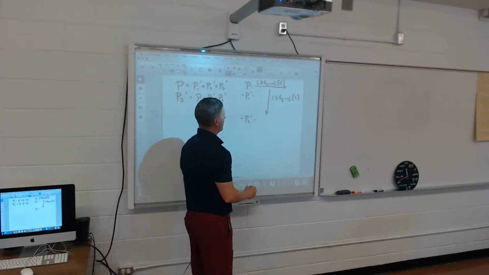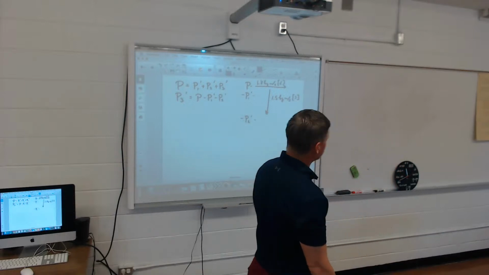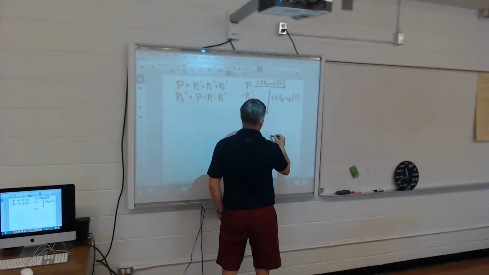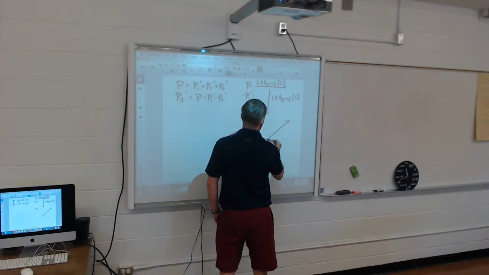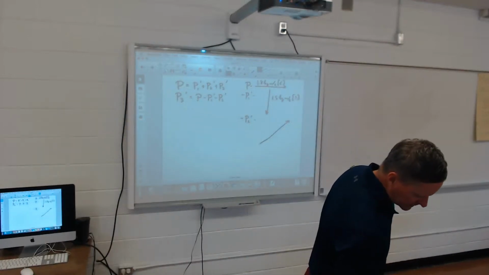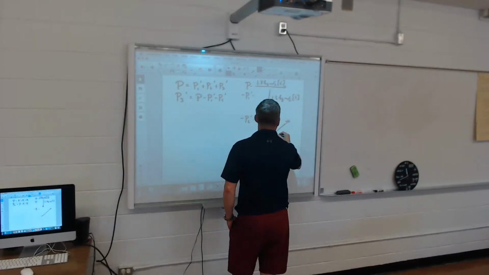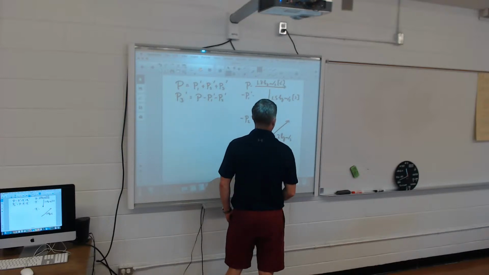This is negative P2 prime. The next one flies off at southwest, so I'm going to make it northeast. And it's 0.3 kilograms at 4 meters per second, so 1.2 kilogram meters per second. And this is going to be northeast.